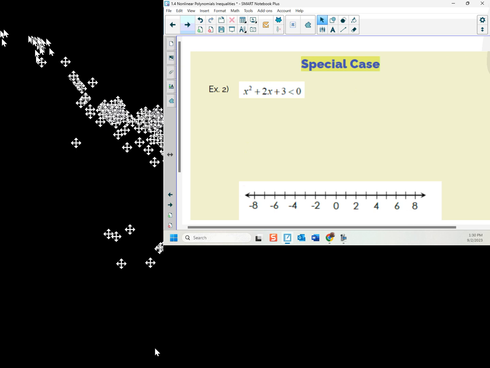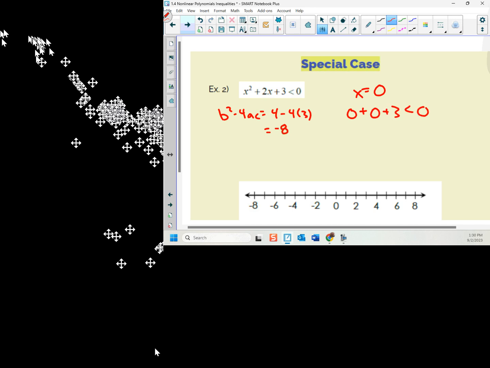Second special case. Well, if I flip that and I did the same thing, b squared minus 4ac equaling 4 minus 4 times 3. Again, we have negative 8. There's no real solutions. There's no interval. Then I go ahead and I let x equal 0. In this case, if I put in 0, 0 squared is 0, plus 2 times 0 is 0, plus 3 is less than 0. 3 is less than 0.